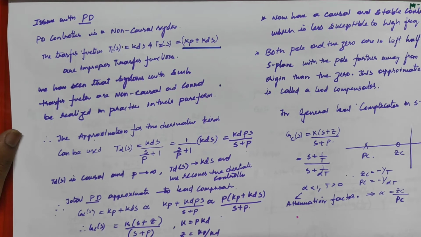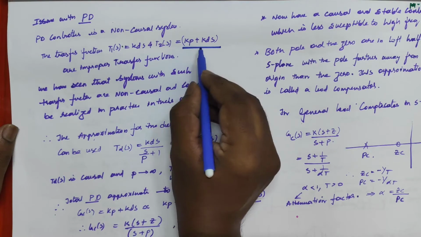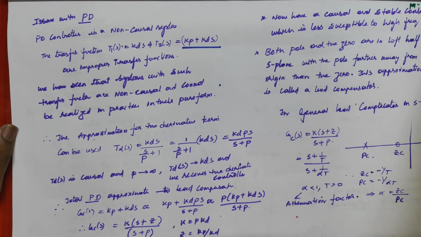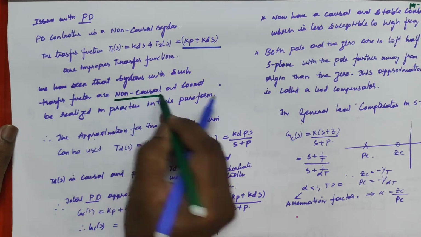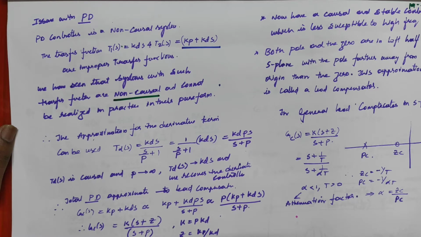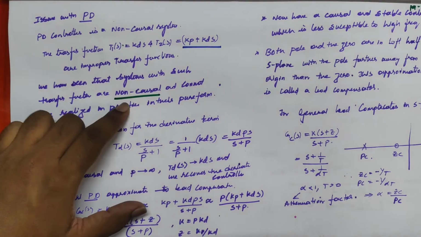We know that, but the major problem is that the system is non-causal. What does non-causal mean? A causal system depends on present and past inputs. Non-causal means it depends on future inputs. So we can't realize the circuit.